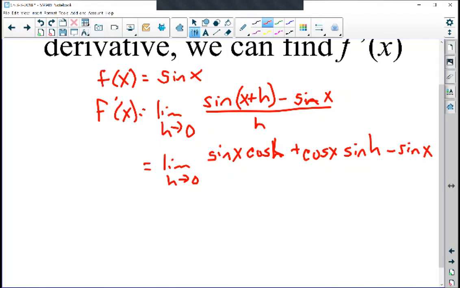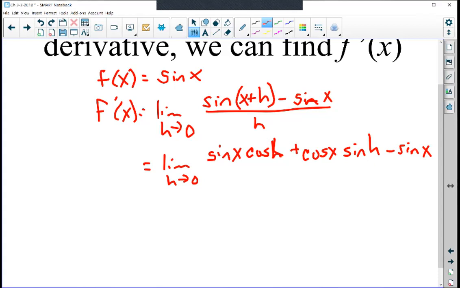You can trust me on that one? Yeah. Sure, okay. What's that? Is that the product rule? It's not the product rule. We haven't done anything with derivatives yet on this problem. So it's just an identity that you should have seen in trig at some point.